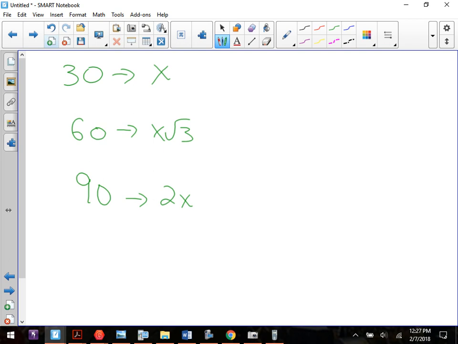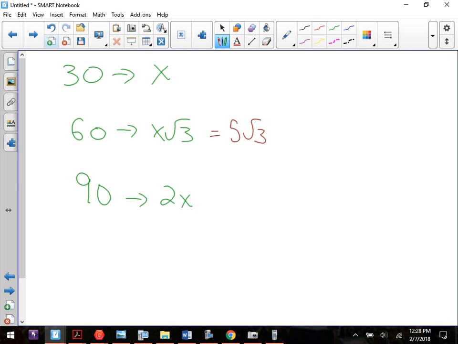I know question number 3 is a 30, 60, 90 because there's a 60 in it. So across from the 60 is what, according to the diagram? 5 root 3. So I'm going to set the side across from the 60 equal to 5 root 3. That's the ratio of the sides.